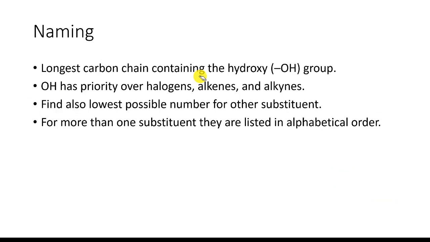The naming of alcohols follows the same rules that you learned for alkyl halides, with the exception that now the hydroxyl group, the alcohol functional group, takes priority over all other functional groups, so halogens, alkenes, and alkynes. So the hydroxyl group has to be placed on the longest chain. So we're still doing the search for the longest carbon chain.